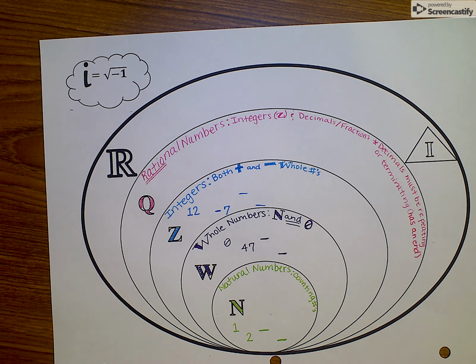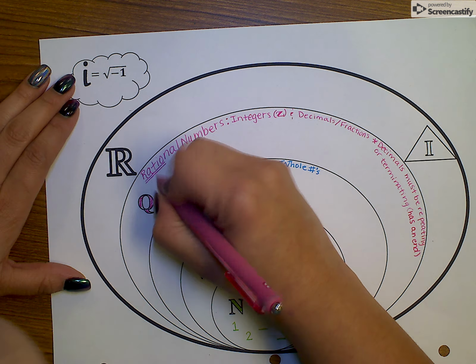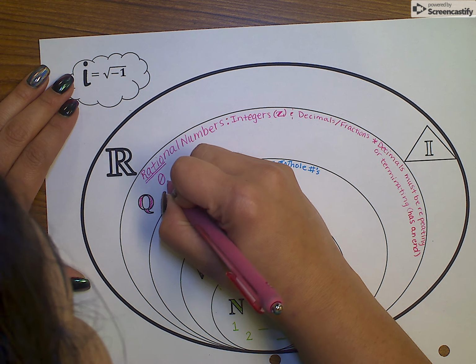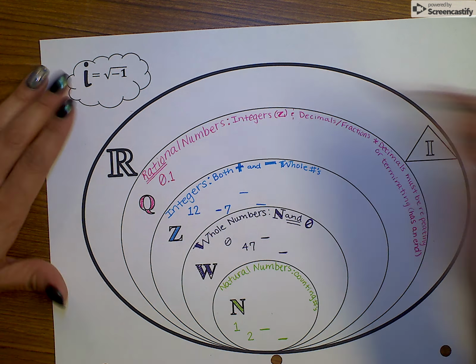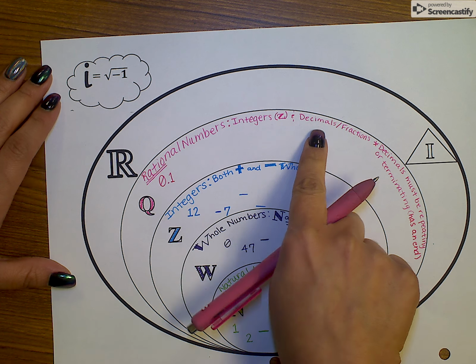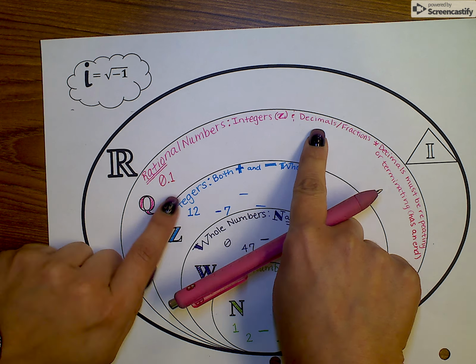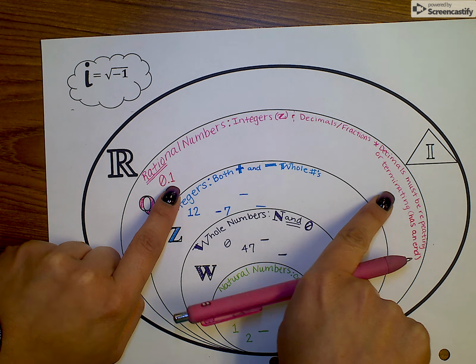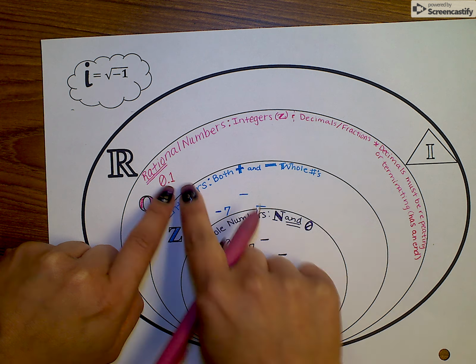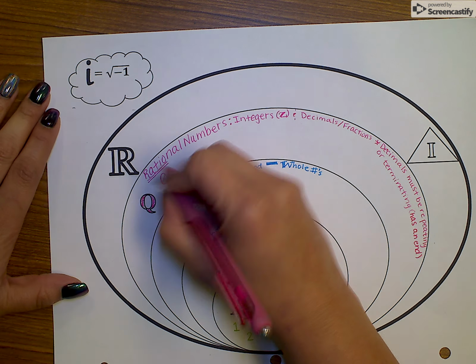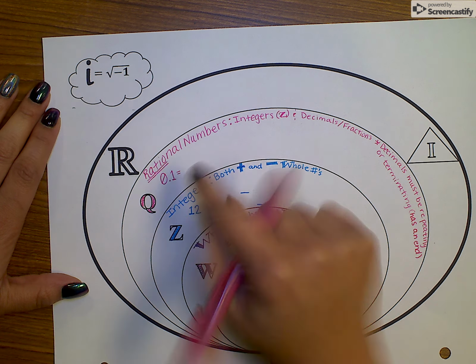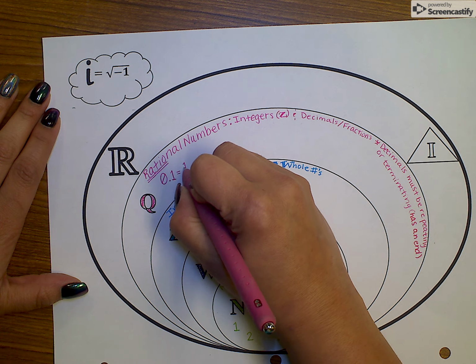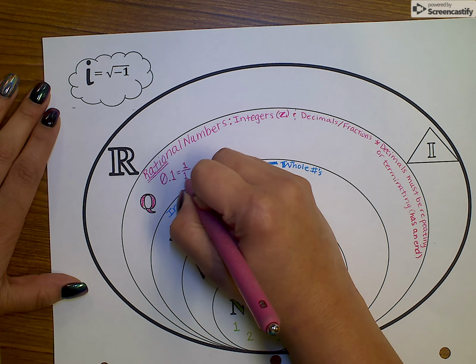So one number that I'd like you to think of will maybe be 0.1. Now, this is a decimal, okay? It is terminating, so that means it has an end. And as a matter of fact, this decimal is equivalent to a fraction, 1/10.